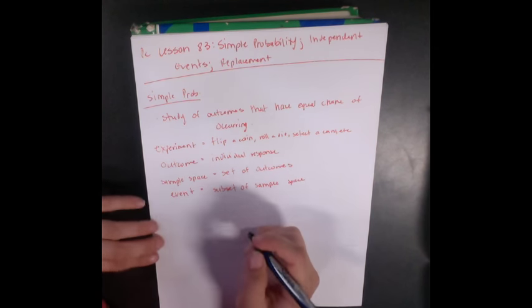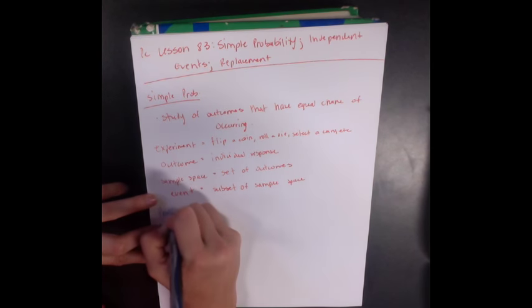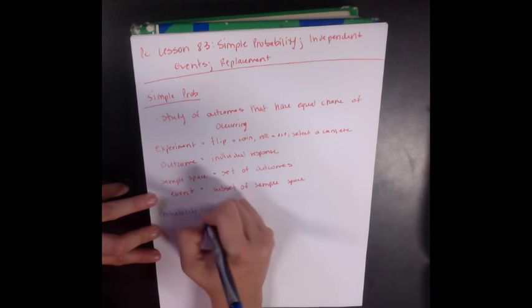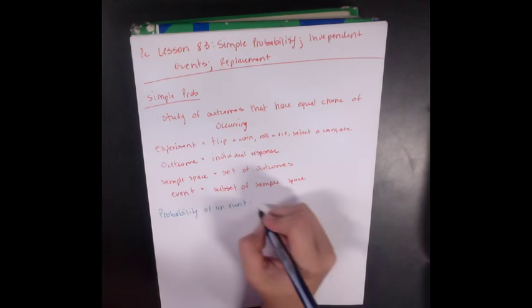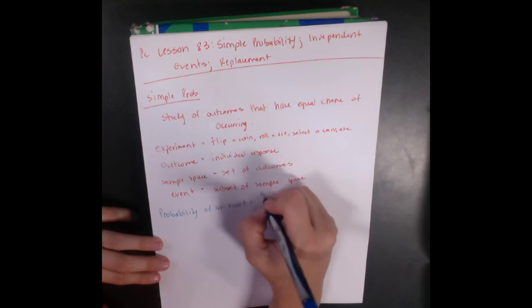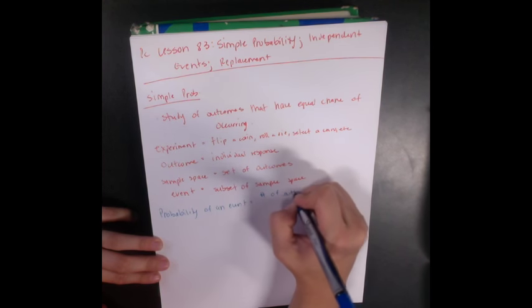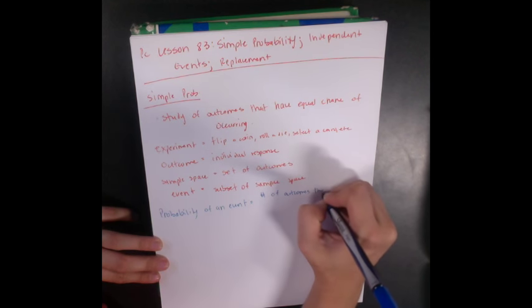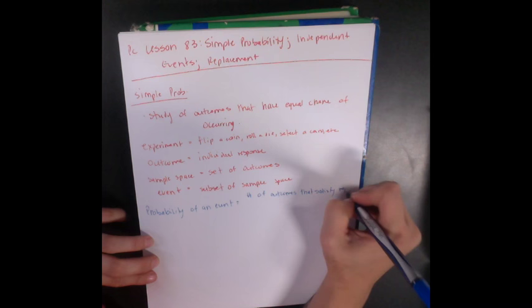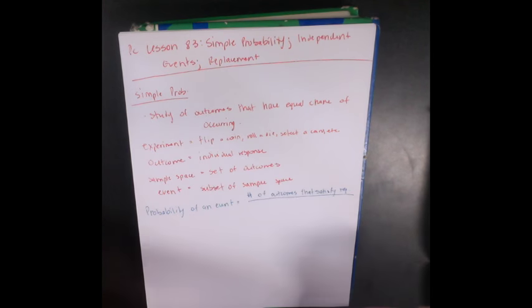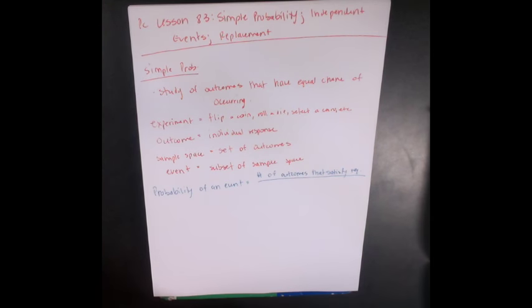Now, the actual probability of an event equals the number of outcomes that satisfy a requirement, like how many times you can flip a coin and get heads.